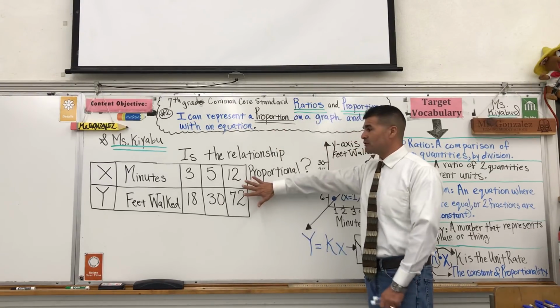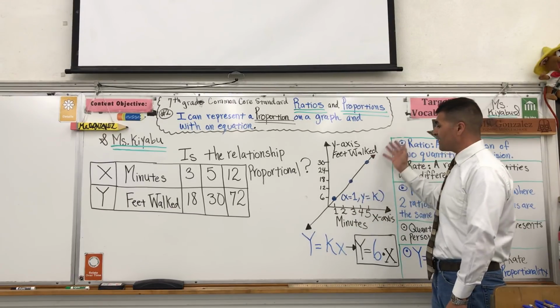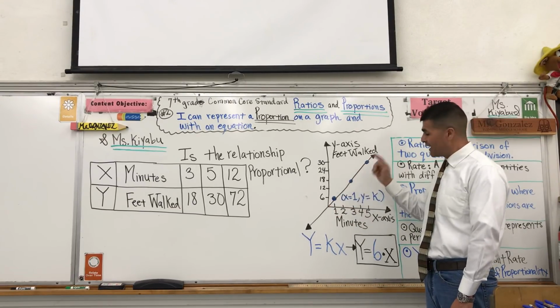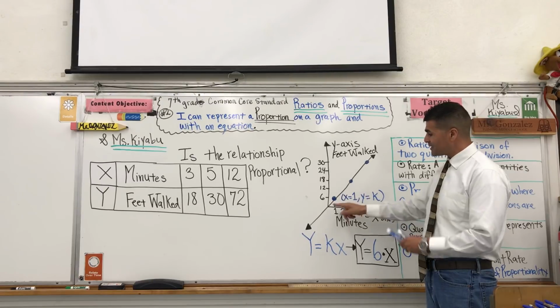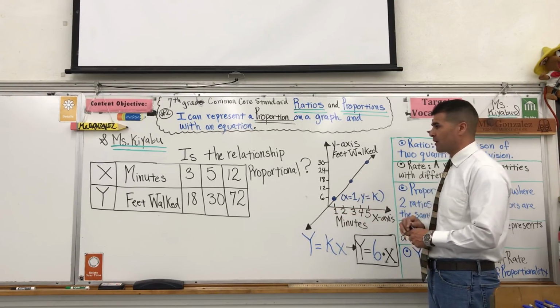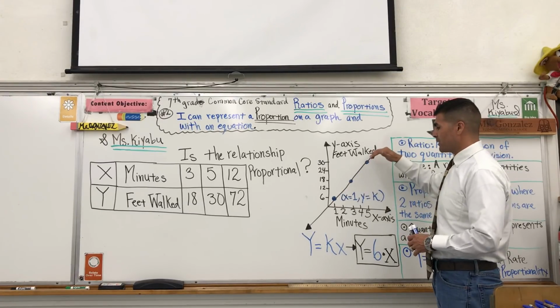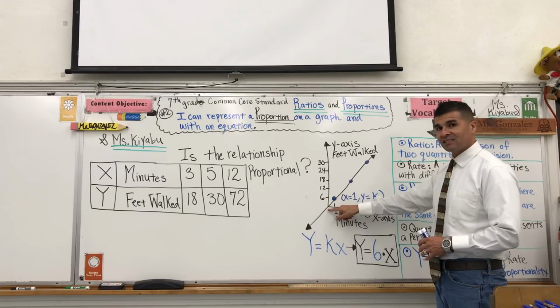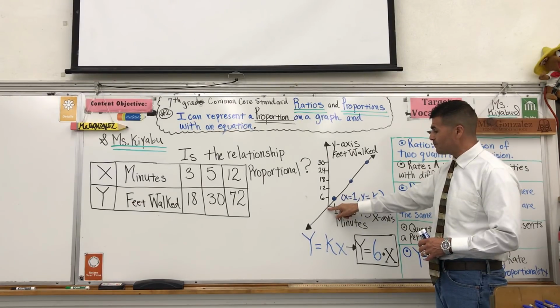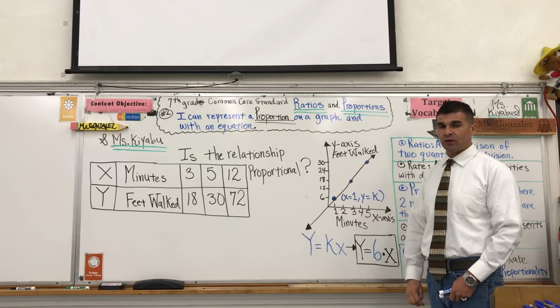So we can definitely use this table, but a lot of you guys have already learned this definition, that if we can graph a straight line and that straight line happens to pass through the origin, it's also going to be a proportional relationship. So we can see that this graph is proportional, and it's because this line passes through the origin 0, 0, and this line is also straight for the graph.